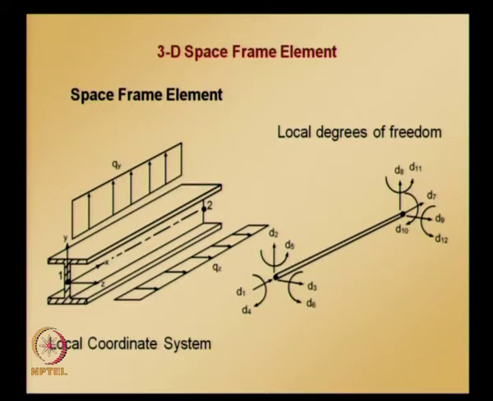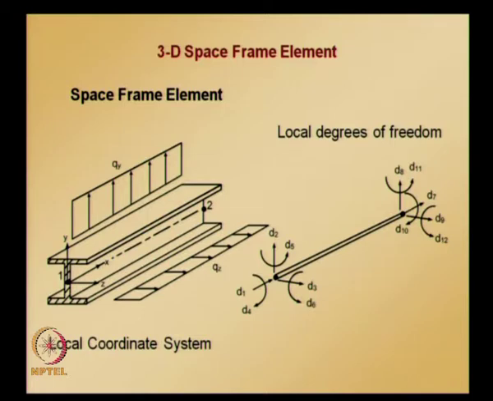In addition, the element must also be able to resist torsional forces, and similar to the 2D plane frame element case, here also we assume within small displacement theory that all these effects, that is axial effects, bending effects and torsional effects, are uncoupled. Final element equations are then just a combination of equations treating these effects individually.